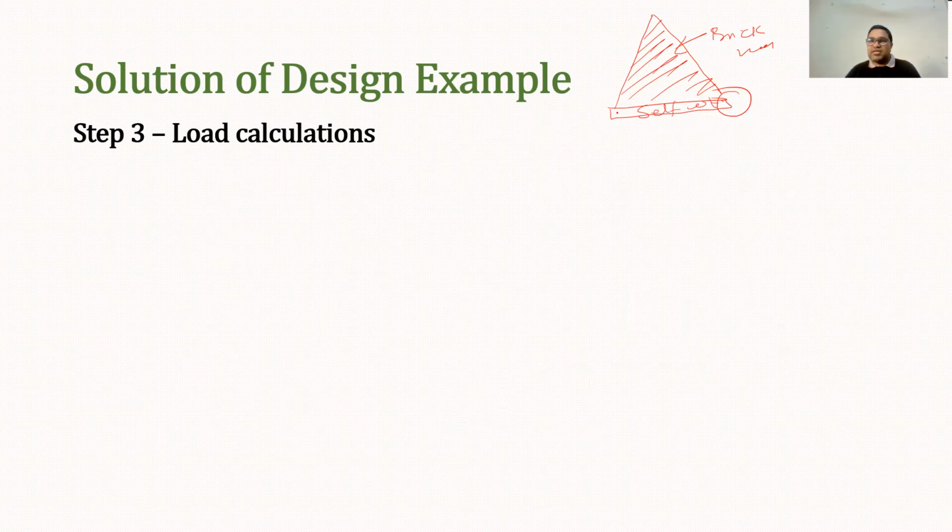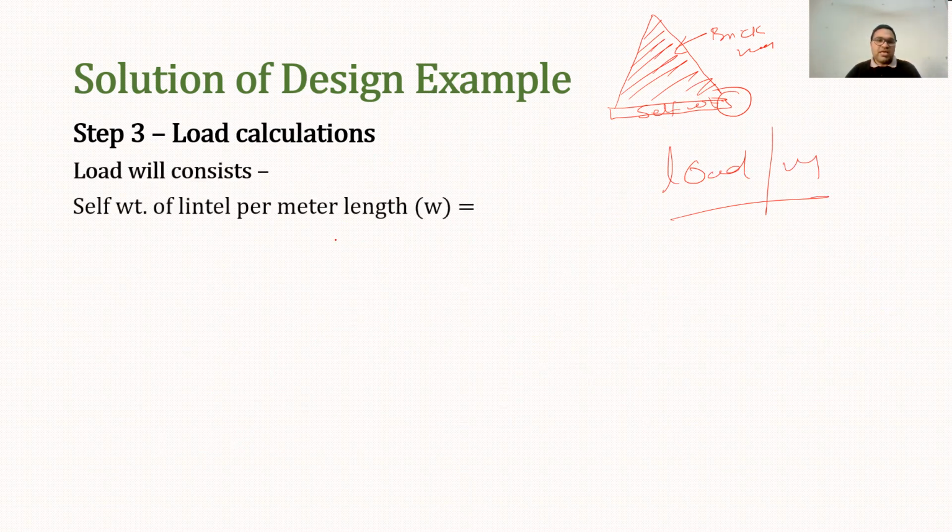So as we are designing beam, generally we find out load. In case of self weight, we can consider this self weight as UDL, and generally we express UDL as load per meter length. So here we will be having two loads.